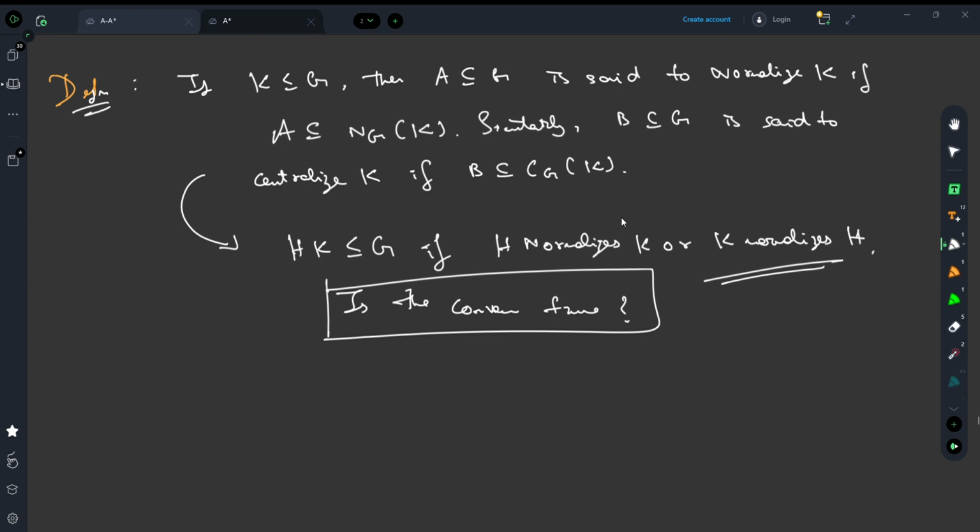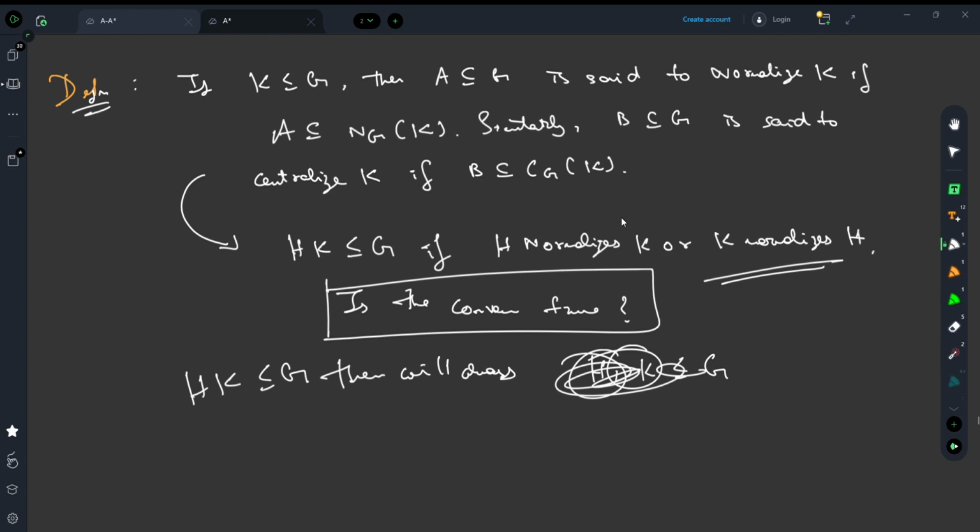What I'm trying to say as a converse is that if we have a subgroup H and a subgroup K of G, and HK is a subgroup of G, then will H always normalize K or K normalize H?